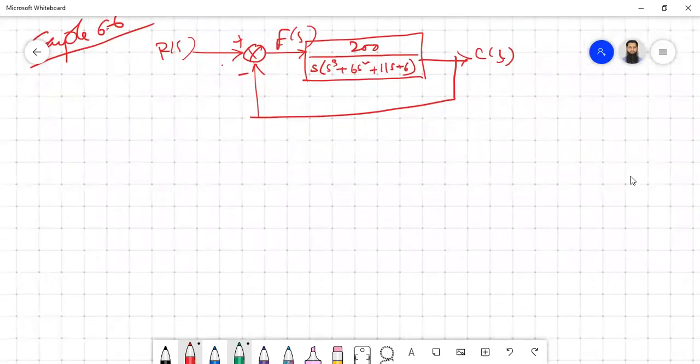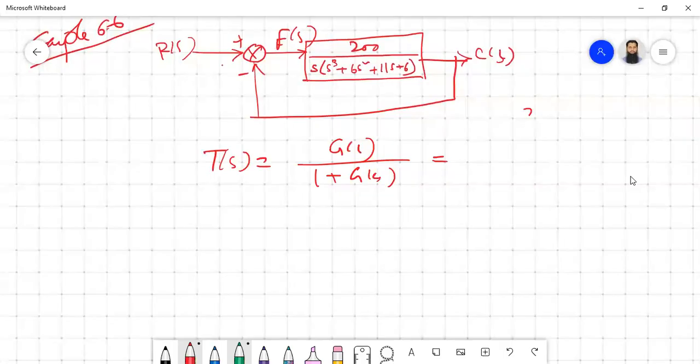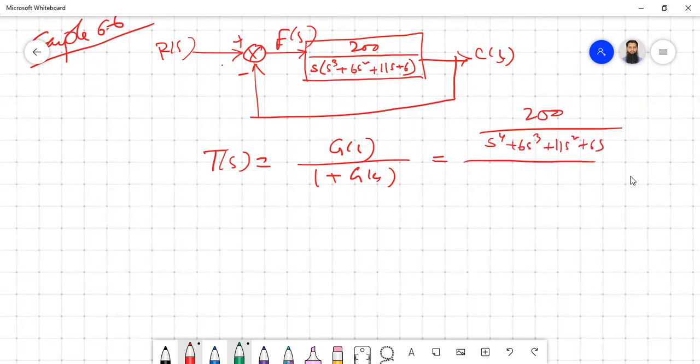First thing you should do is form the P(s). P(s) equal to G(s), forward path gain, plus 1 plus forward path gain. So basically 200 by s into, so make it multiply, s to the power 4 plus 6 s cubed plus 11 s squared plus 6s, divided by 1 plus this full parameter.